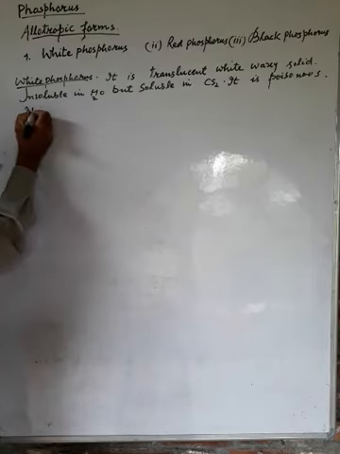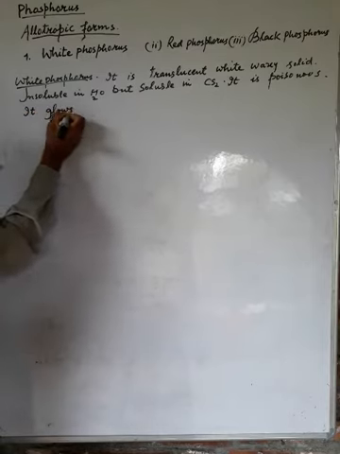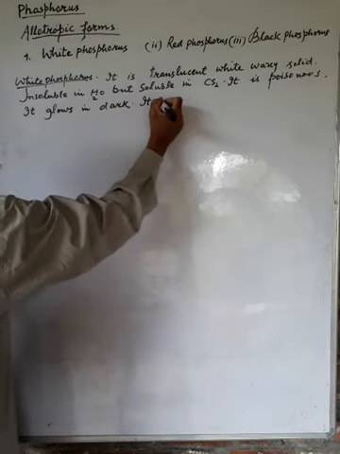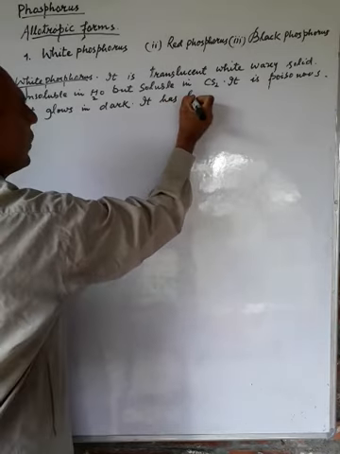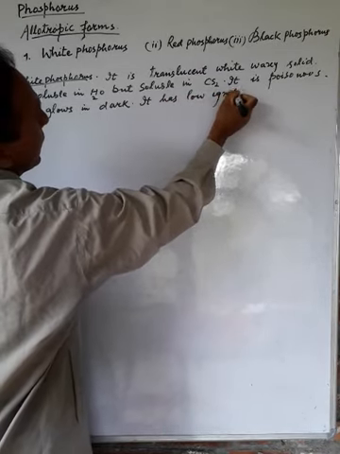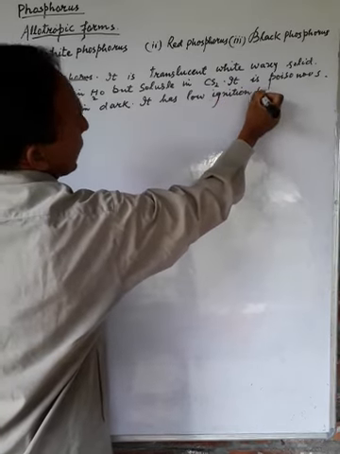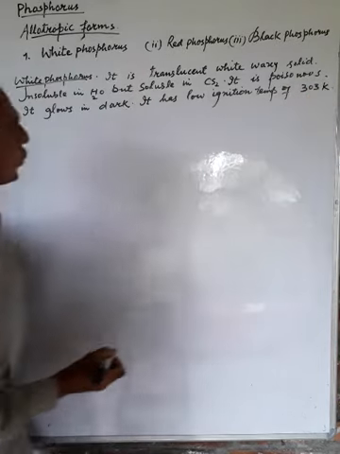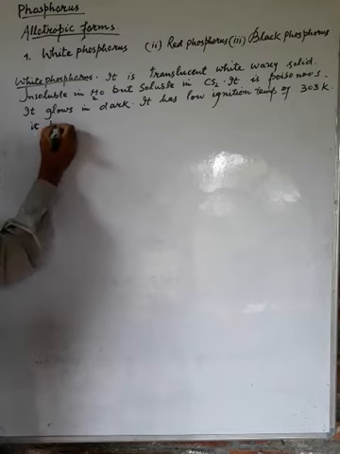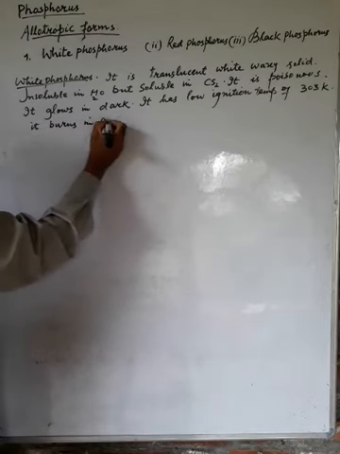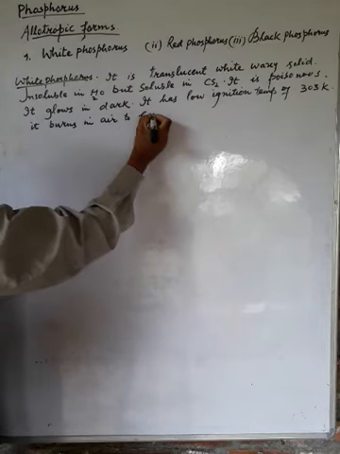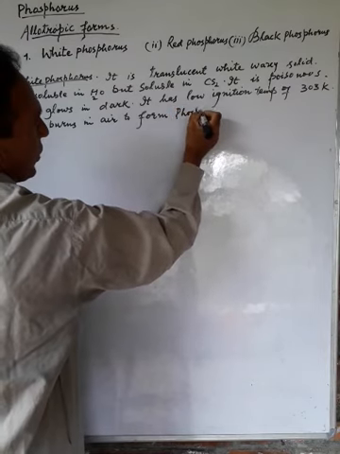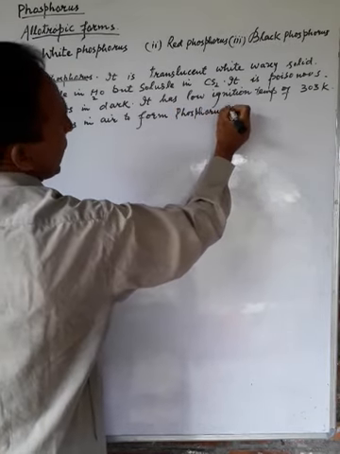It glows in the dark. It has a low ignition temperature of 300 Kelvin, due to which it burns in air, forming phosphorus pentoxide.